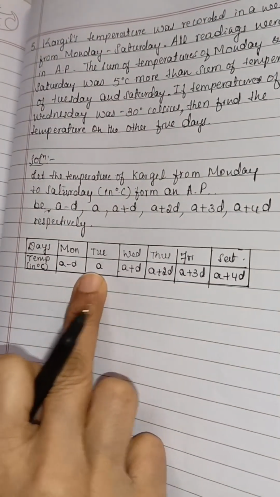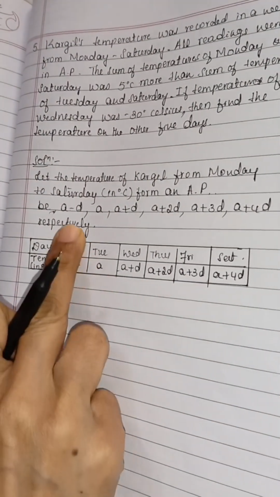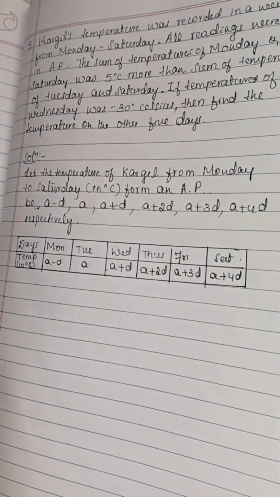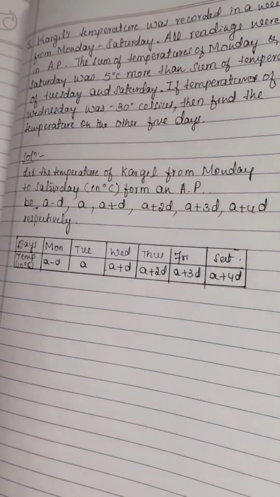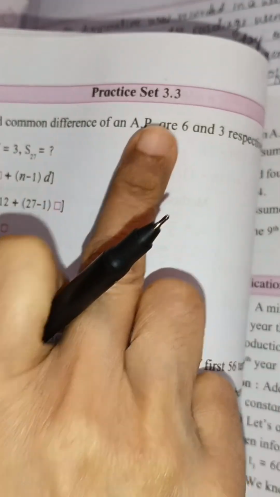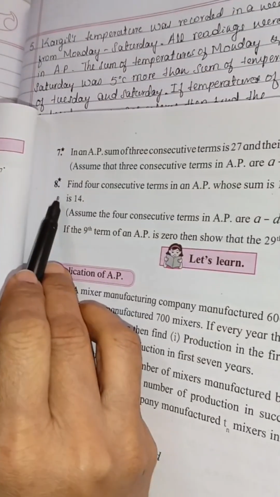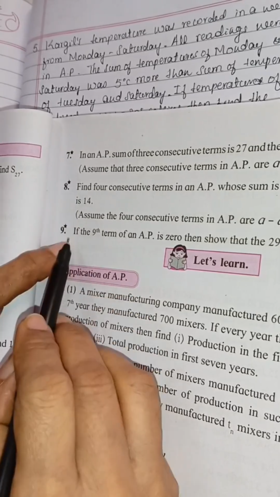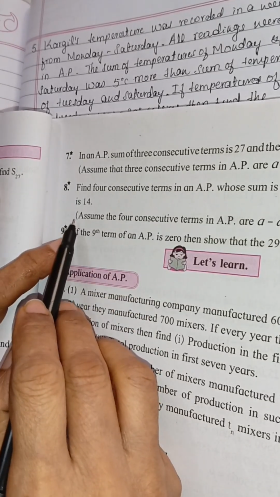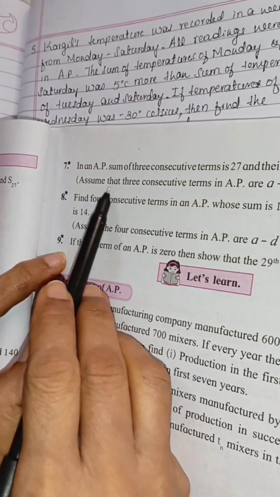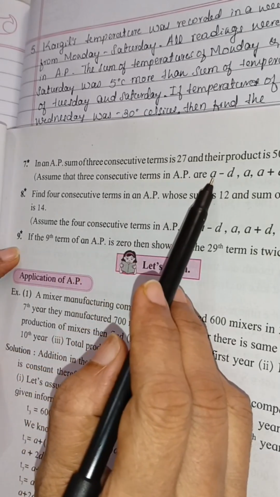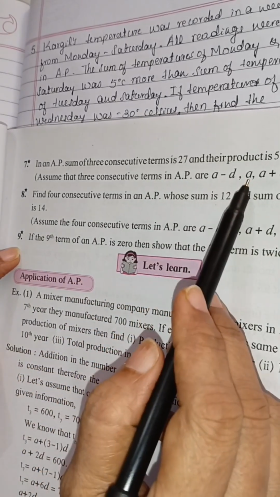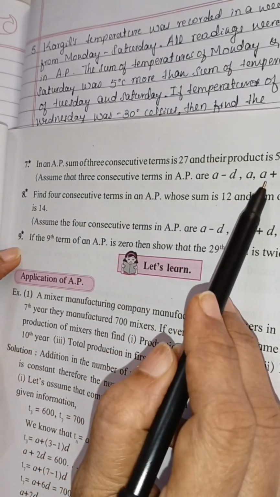See, this assumption, I assume these numbers. It is not my own. See here at practice set 3.3, 7th and 9th question, 8th is also. See, this assumes 3 consecutive terms, that is a minus d, first term is a minus d, second one is a, third is a plus d.